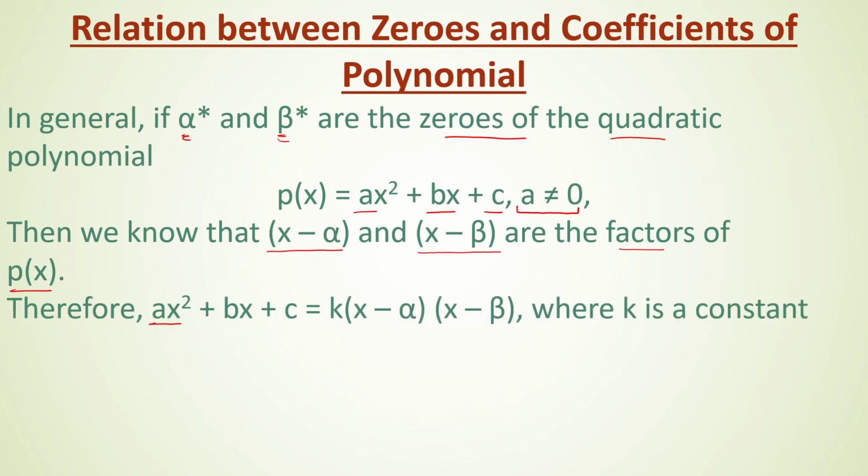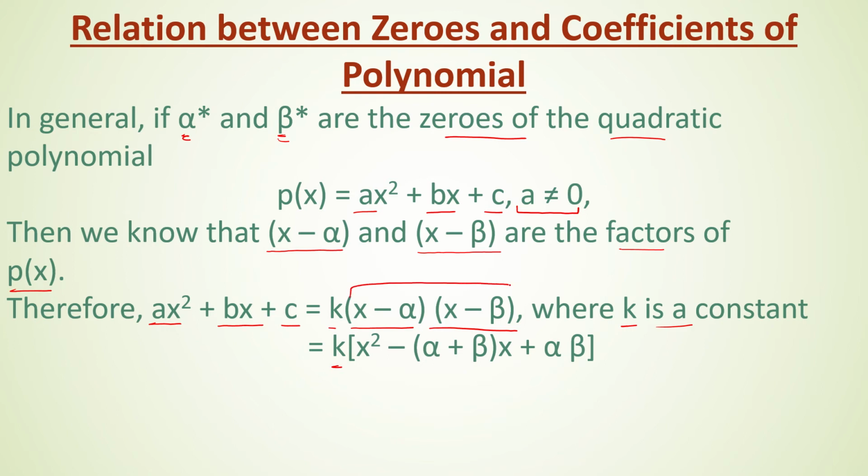Therefore, ax square plus bx plus c equals k into x minus alpha into x minus beta, where k is any constant. If I take k as common and expand x minus alpha into x minus beta, then we get k into x square minus (alpha plus beta)x plus alpha into beta.